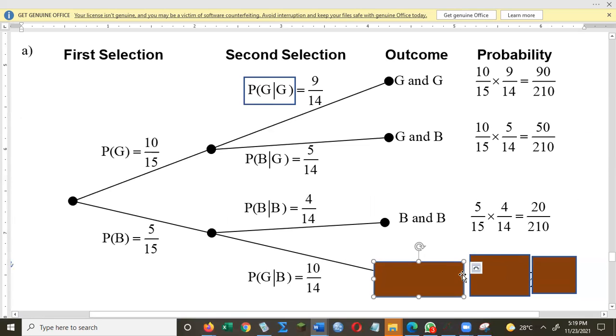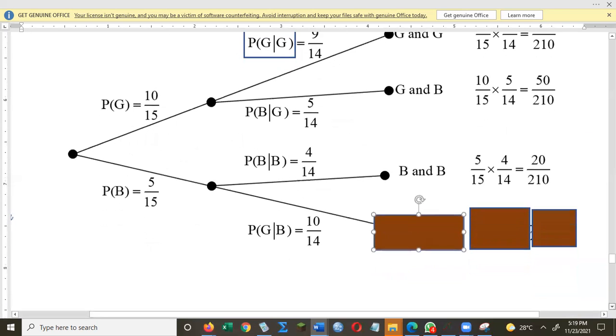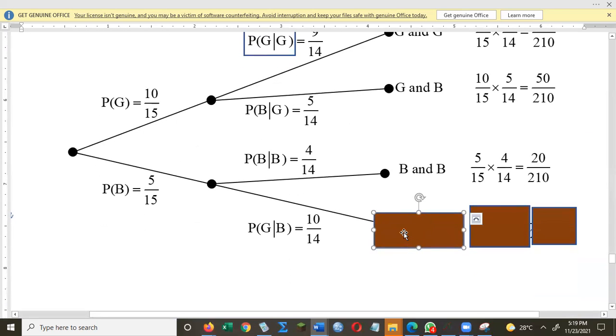Anybody? Which letter comes first? G or B? Someone says B comes first. B then G. Anybody agree or would like to disagree? Your colleague, your peer, says B is the first letter. B then G. Would you like to agree or disagree?